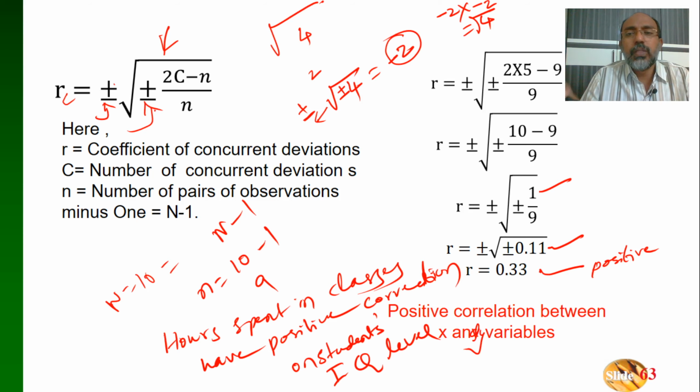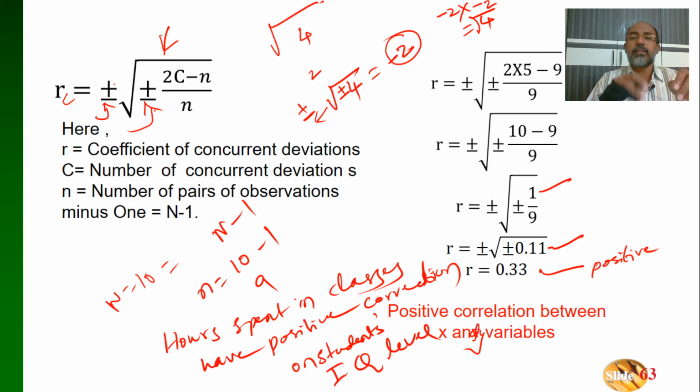Hence, the concurrent deviation method uses the plus or minus values, and that itself is the demerit of the concurrent deviation method. Whereas the calculation is very easy, just putting the plus sign and minus sign. In the correlation coefficient of the Karl Pearson method, there are complicated calculations which require a mathematical level of understanding of the students.